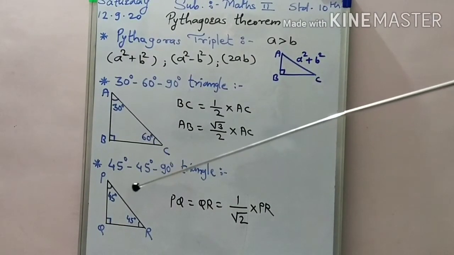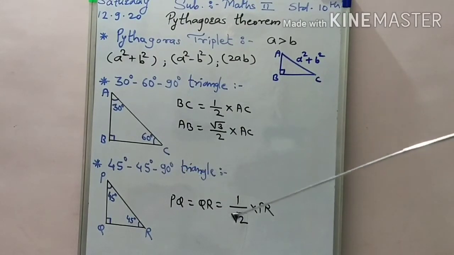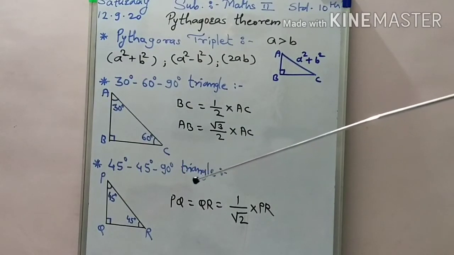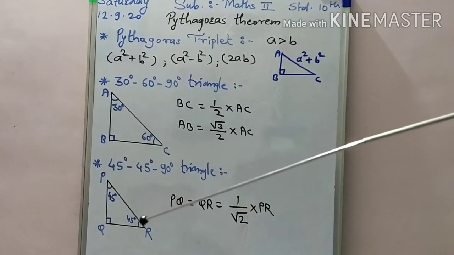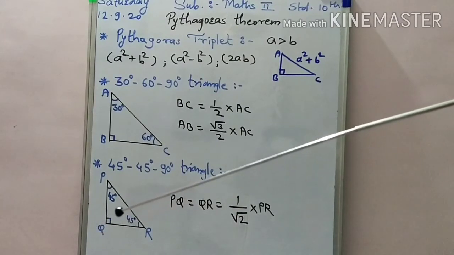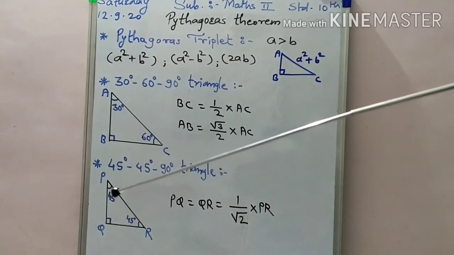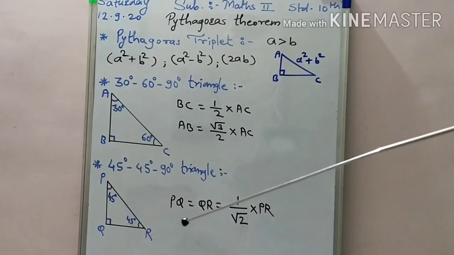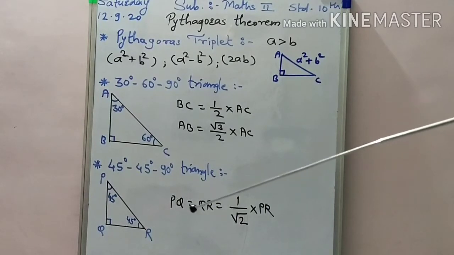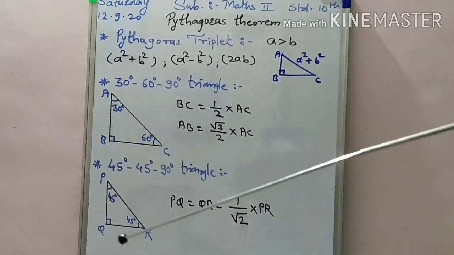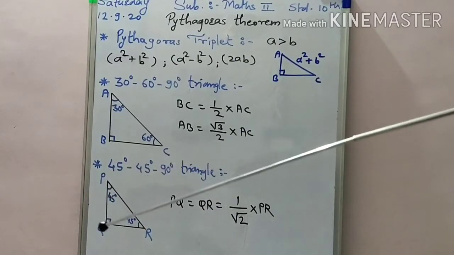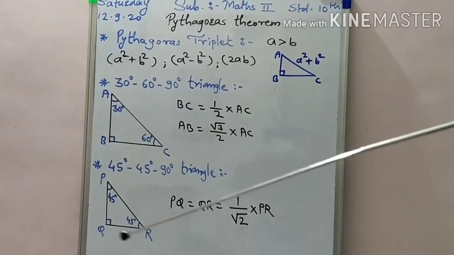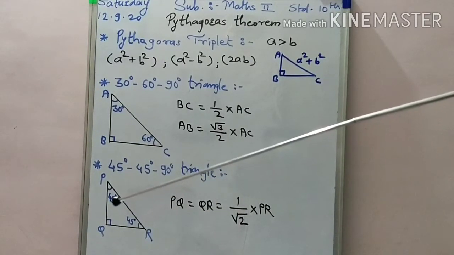There is one more property that we already studied in our 9th standard, the 45-45-90 degree triangle. In a right angle triangle where one angle is 90 degree, suppose here angle Q is 90 degree, angle P and angle R measure 45 degree. The sides opposite to the 45 degree angles are PQ, opposite angle R, and QR, also opposite a 45 degree angle.